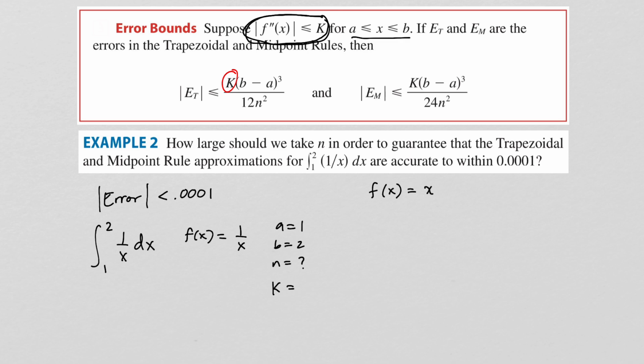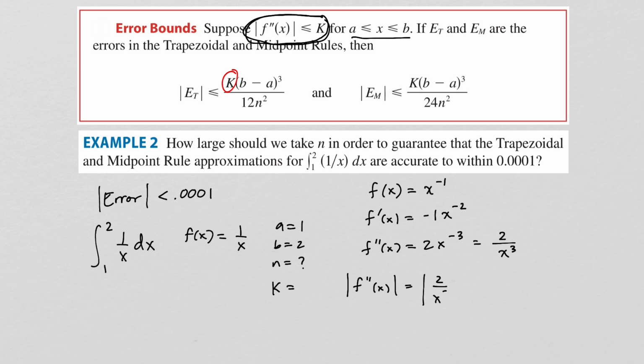Now, our original function is 1 over x, which is x to the negative 1. So the first derivative is going to be negative 1 x to the negative 2. And our second derivative is going to be negative 2 times negative 1, which is 2 x to the negative 3. And that is the same as 2 divided by x cubed. So if I look at the absolute value of the second derivative, that would be the absolute value of 2 divided by x cubed.